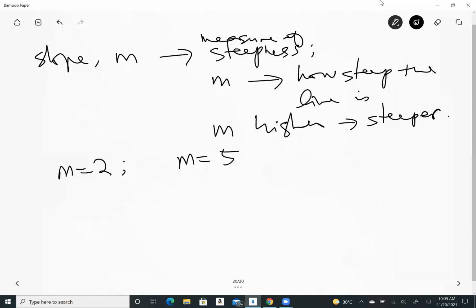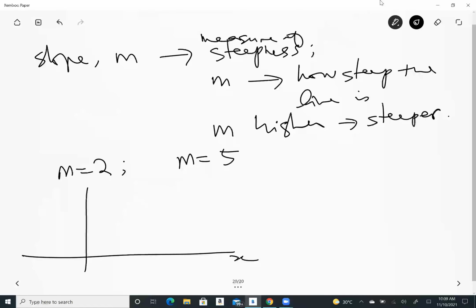So m equal to 5 is higher than m equal to 2, the value. Therefore, you can say that the line with a slope equal to 5 is steeper than the line with a slope equal to 2.